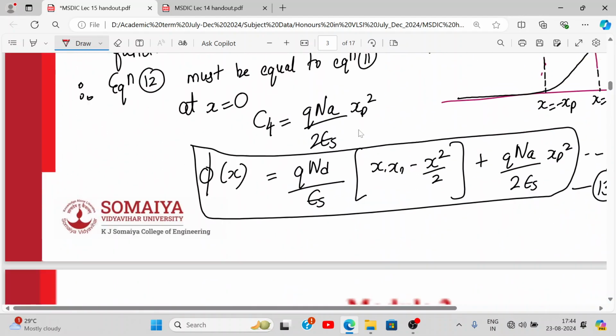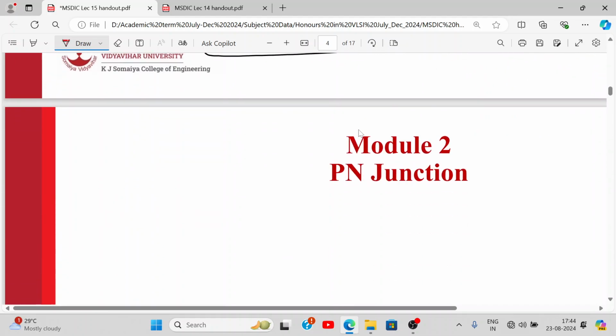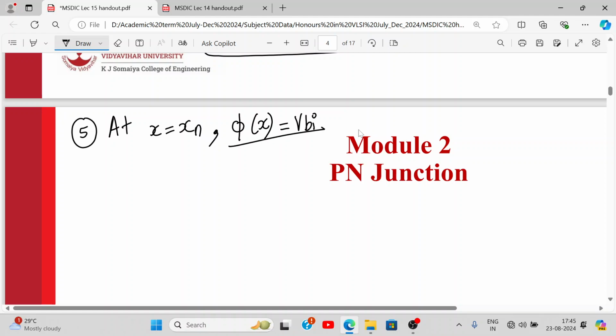Write it down, point number 5: at x equal to xn, phi of x is equal to VBI.